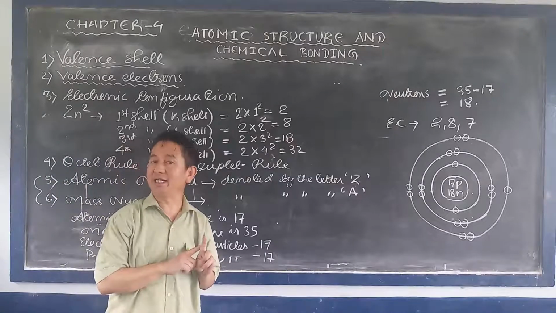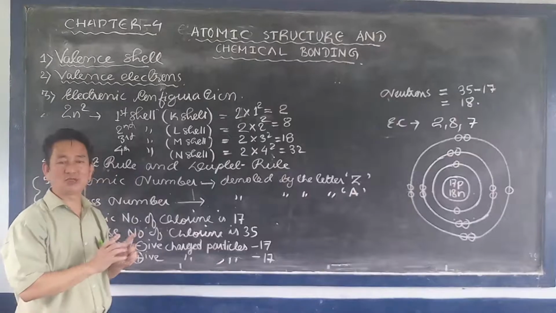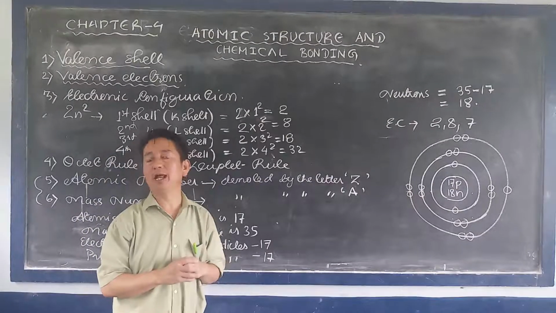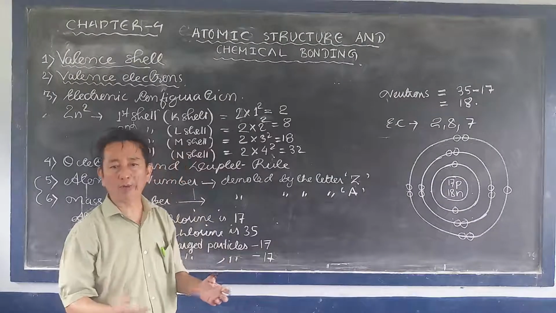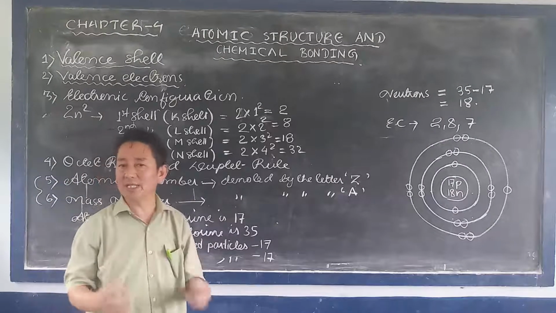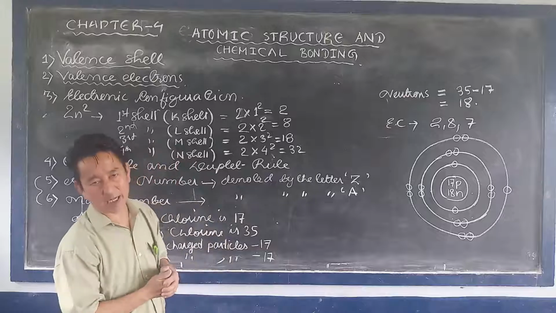Electrons are the negatively charged particles of an atom, and these electrons are found in the orbits or the shells of an atom. Now, what are orbits or the shells of an atom? Orbits or shells of an atom are the imaginary part of an atom.